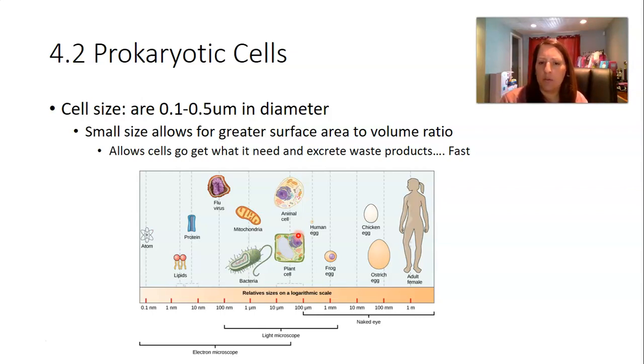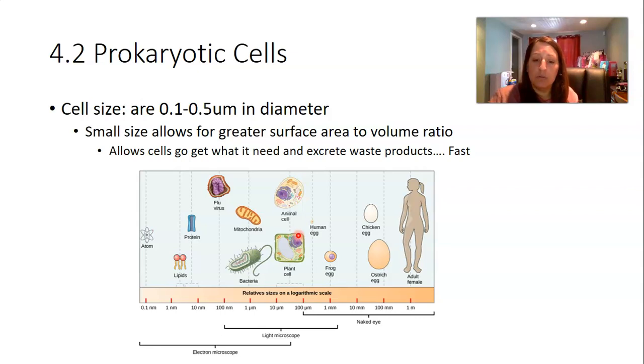So why do our cells remain so small? That's because we have to have a high surface to volume ratio, so enough membrane to service the cytoplasm of our cells. We need to be able to bring in nutrients and materials and excrete waste products from our cells quickly and in an efficient manner.